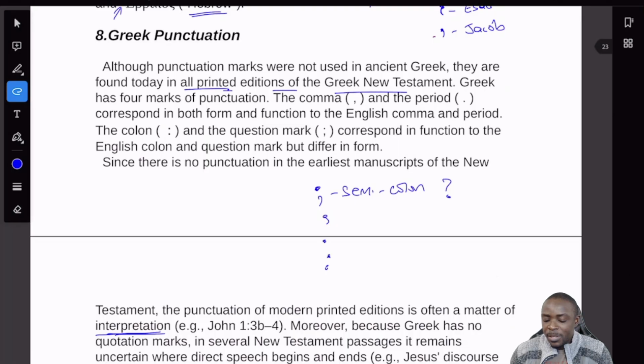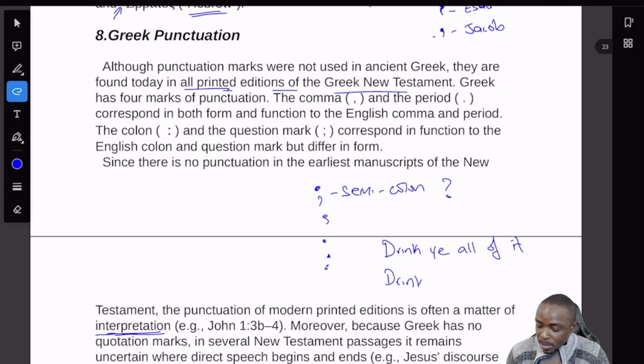And for instance, let me just give an example with the Lord's table, the Lord's communion, right? Let's say, I'm going to use the old King James Version, right? Drink ye all of it, right? I'm just going to write it twice because I'm going to punctuate it differently.